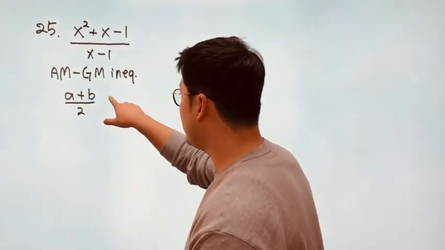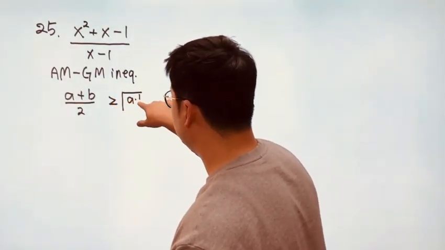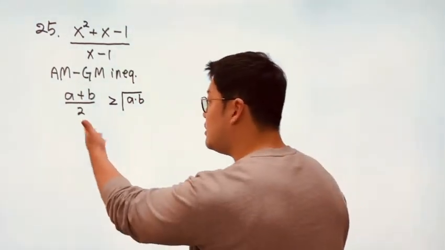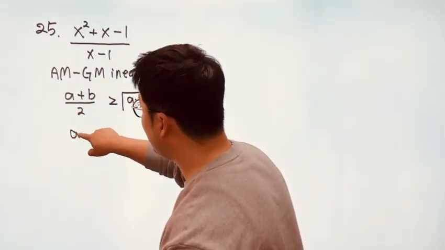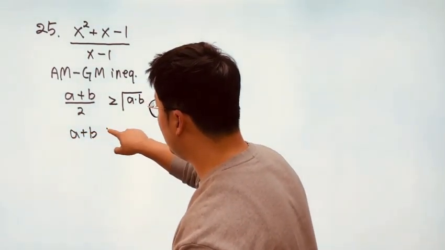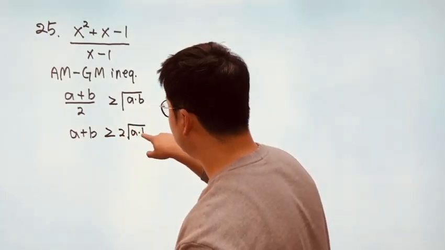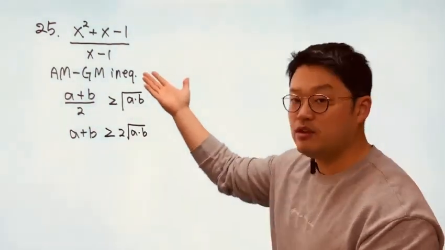Then (A + B)/2 is greater than or equal to the square root of A times B. That's the classic AM-GM inequality: the arithmetic mean and the geometric mean. The sum has to be greater than or equal to 2 times the square root of A times B. We're going to use this, but we can't use it directly.